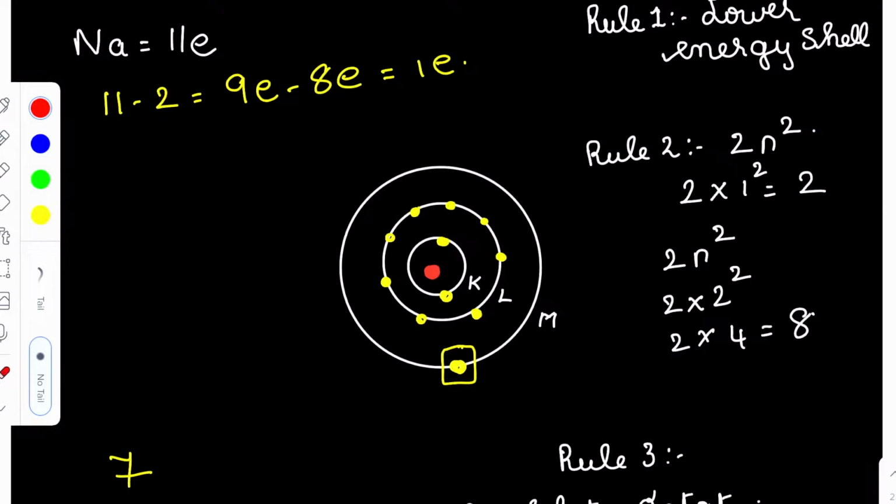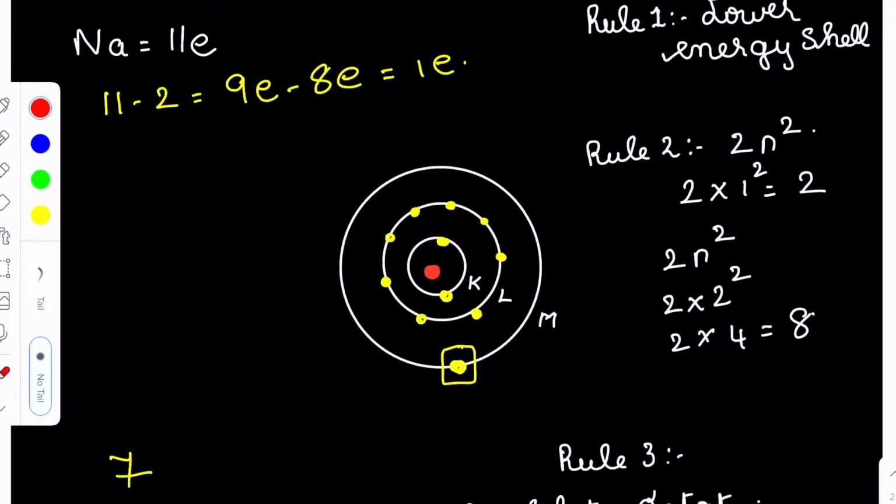To complete its octet, the outermost shell will either give away the electron or receive the electron, or in some cases it would share the electron, and see to it that the outermost energy shell has 8 electrons. So, this electron in the outermost shell is called the valence electron, and this shell, the outermost shell, is called the valence shell. Hope it's clear.